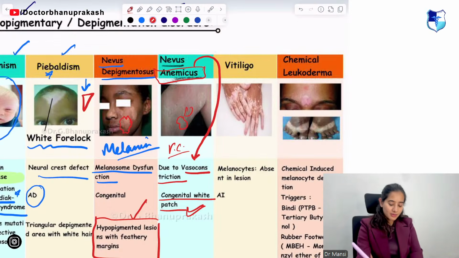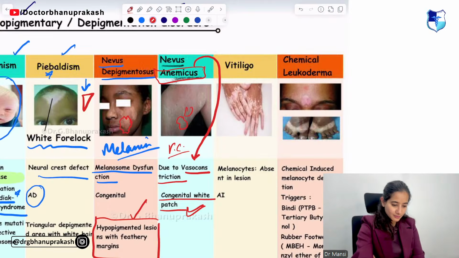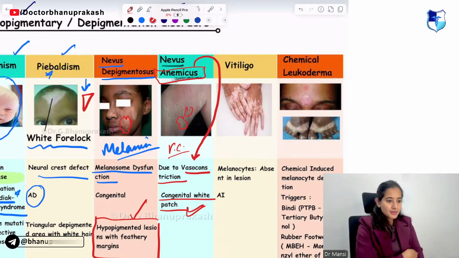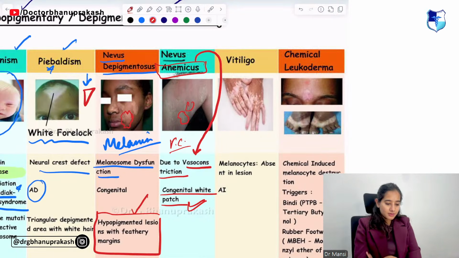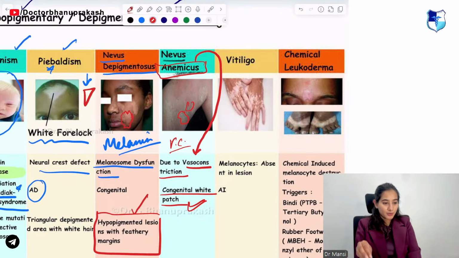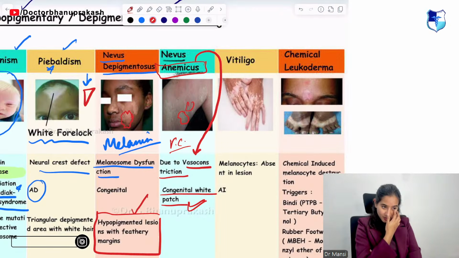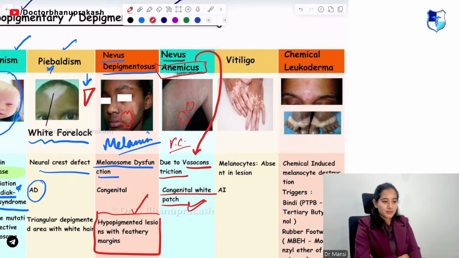For your confirmation, just compare the vitiligo image shown to you with nevus depigmentosus. Which looks whiter? Jyoti is also saying hypopigmentation. Vitiligo appears more white.